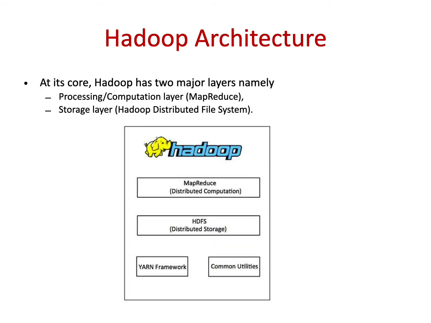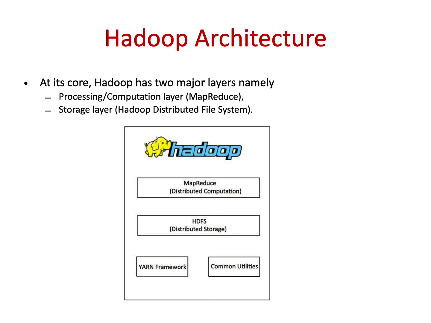In Hadoop architecture, at its core, there are two major layers: MapReduce, which is the processing and computation layer, and the storage layer, which is done by the Hadoop Distributed File System, HDFS.